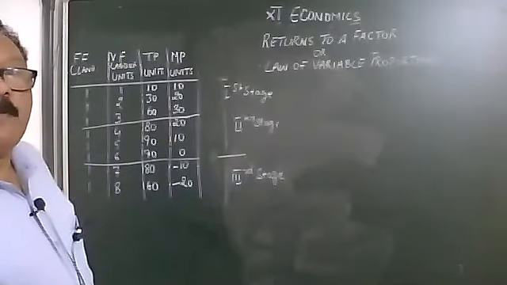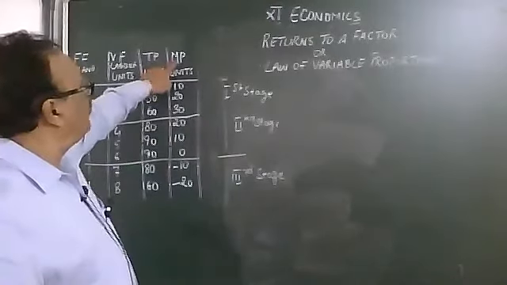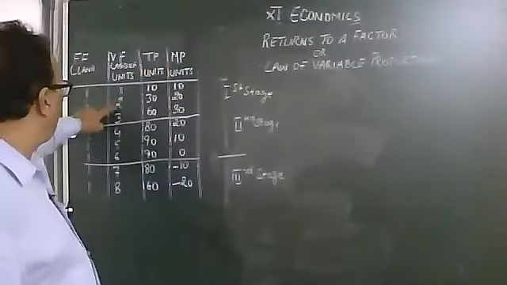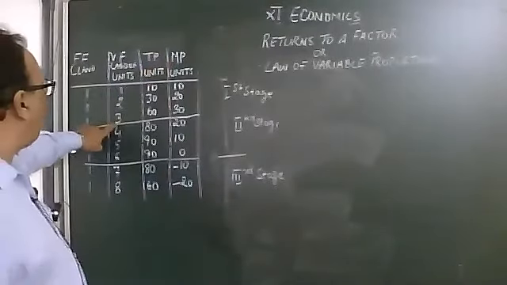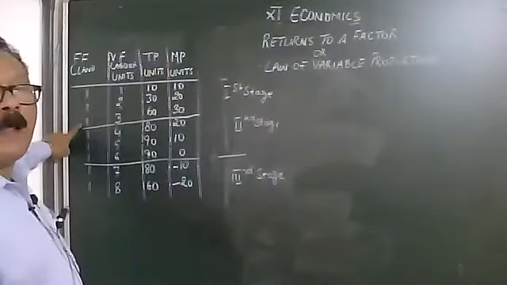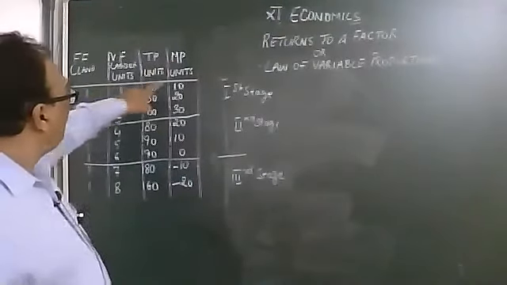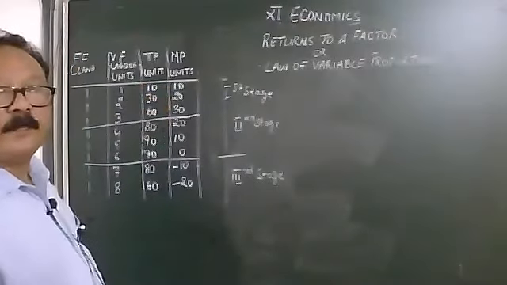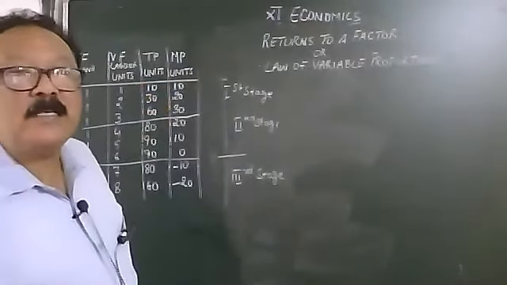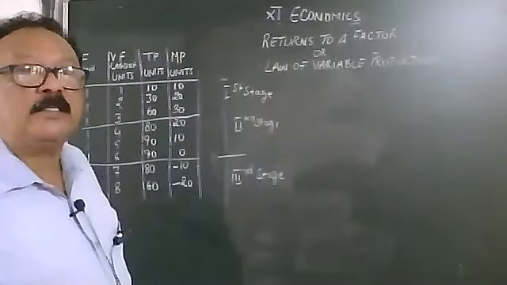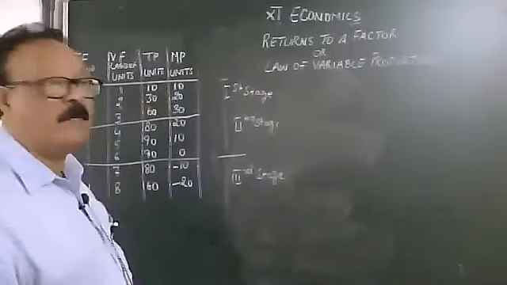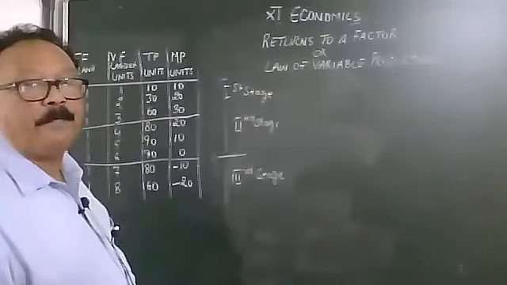The law of variable proportion in terms of MP. What do you see? When 1, 2 and 3 units of labor are introduced on the 1 acre of land, initially MP will increase, but not as much as TP. TP was increasing at an increasing rate, but here MP is only simply increasing.